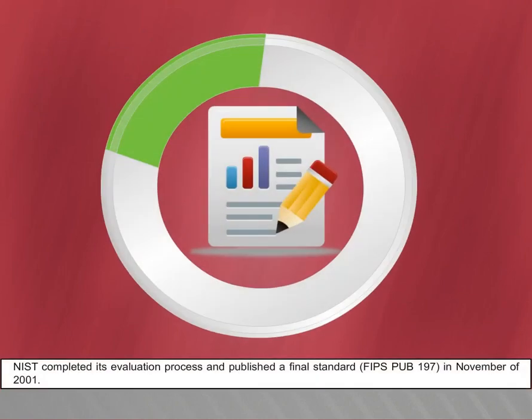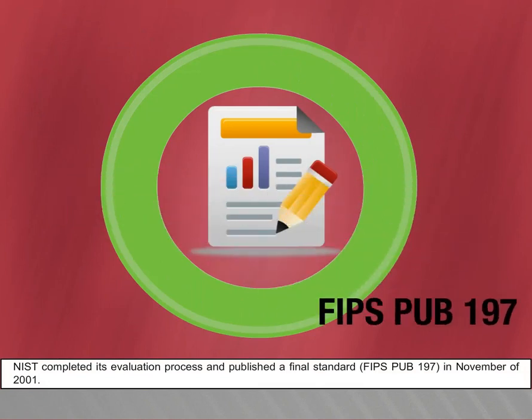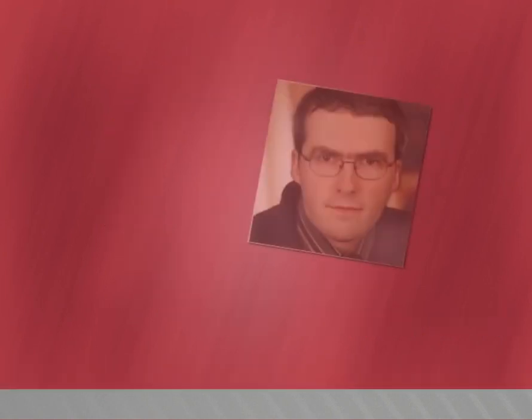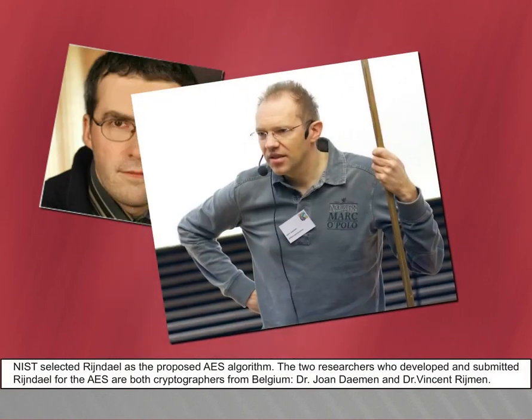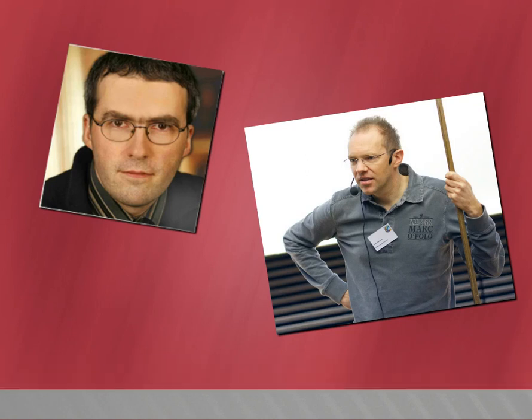NIST completed its evaluation process and published a final standard, that is FIPS PUB 197, in November 2001. NIST selected Rijndael as the proposed AES algorithm. The two researchers who developed and submitted Rijndael for the AES are both cryptographers from Belgium, Dr. Joan Daemen and Dr. Vincent Rijmen.